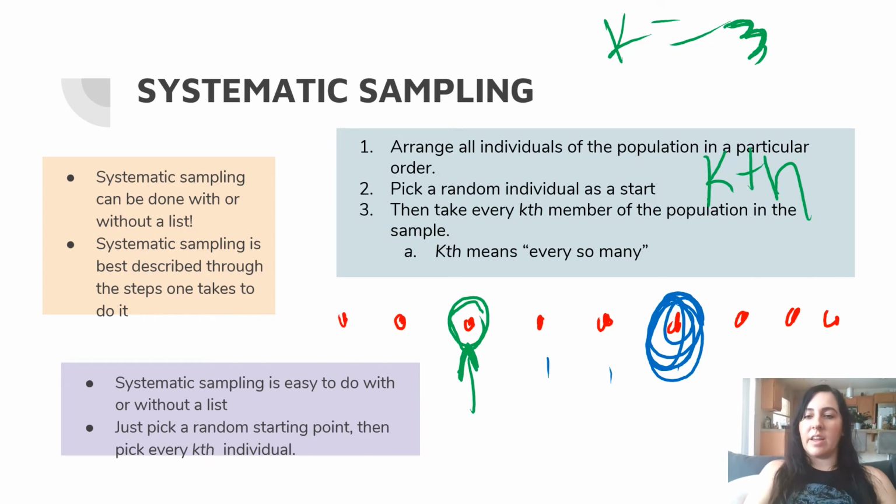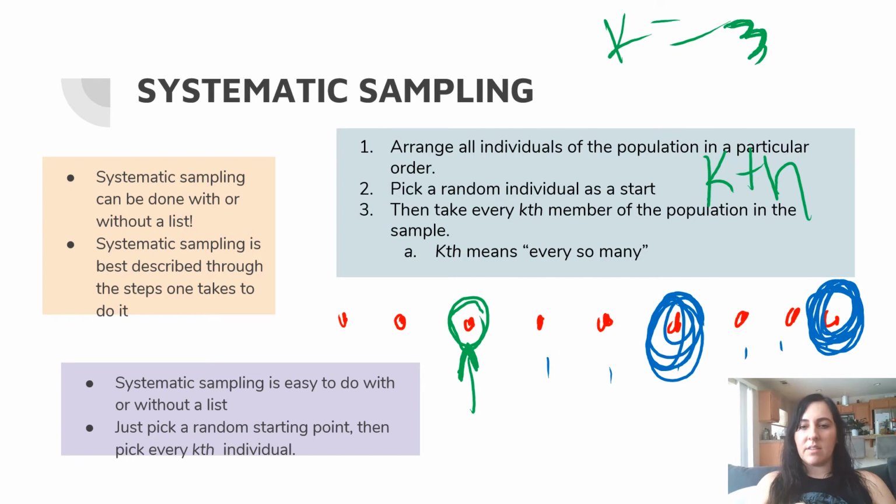Then from here, you pick your next person in your sample. 1, 2, 3. Oh, here's another individual that's going to be part of your sample size. You could have done every other one, every 4th, every 5th, every 2nd. We chose every 3rd for this example.